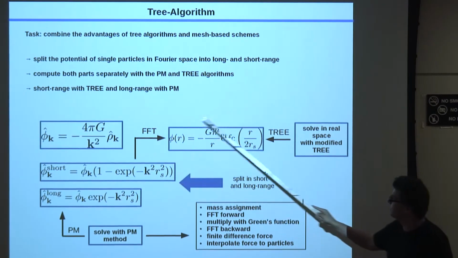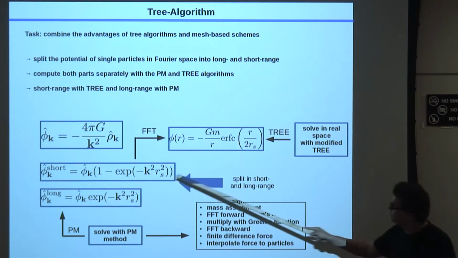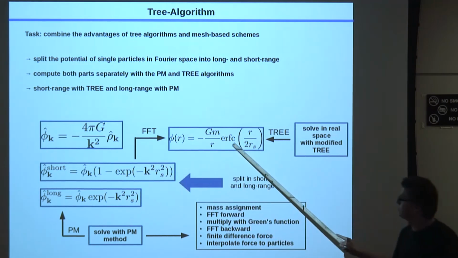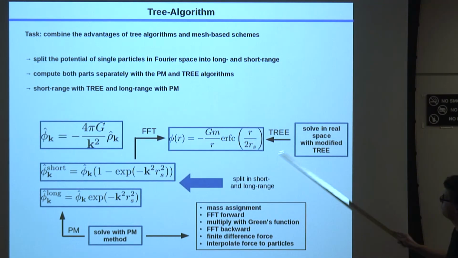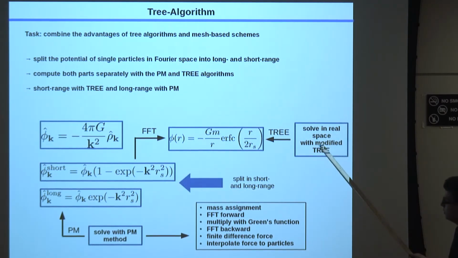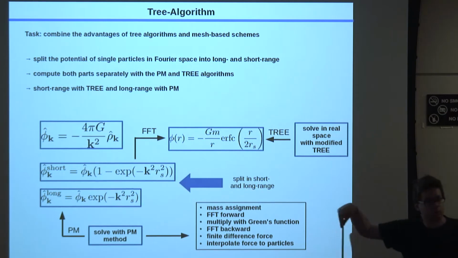So we FFT this equation, then we solve this in real space with the tree, just with a modified potential, which has this complementary error function, which comes because of this exponential cutoff here. So if you FFT this, you get a complementary error function, and then you solve this potential on short ranges with the tree, and then you add it together with the force that you get on the long range, and then you get the full force of the particle split in long range and short range.